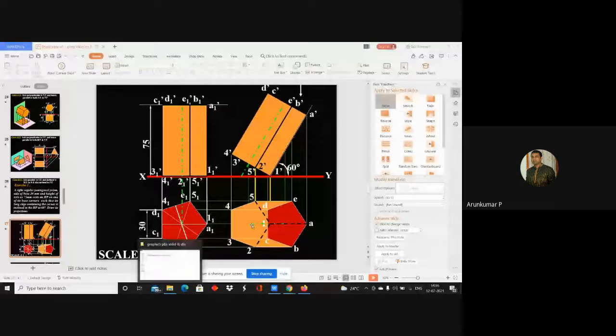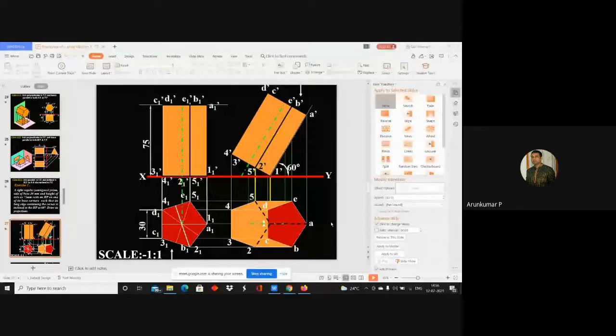So I have some basic solids with me, which I think I can show you, but is it necessary?